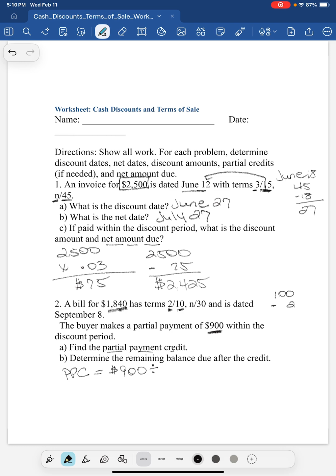So you have 100 minus 2. So you have 98. And remember, to bring it into a problem equation, you need to make it 0.98.